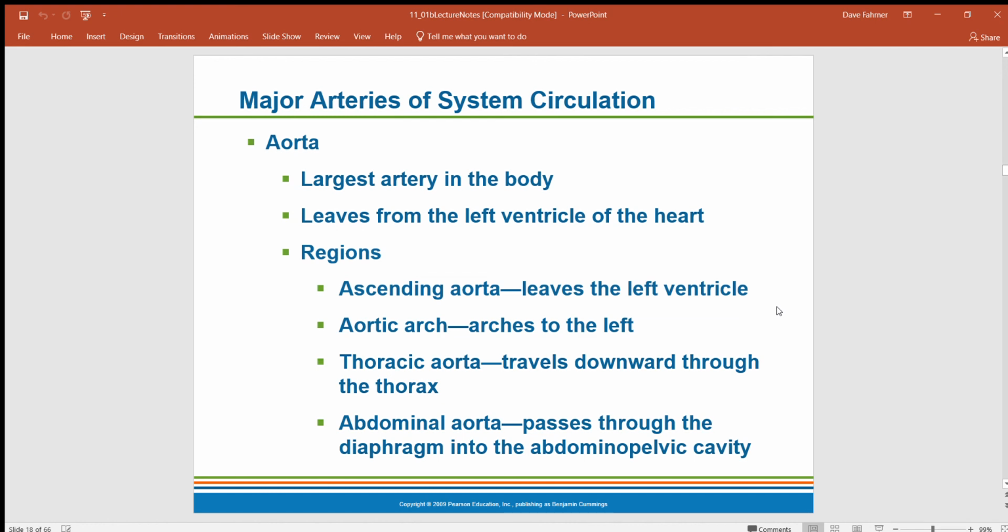We will go into a little bit of a discussion on what a portal system is, and then we're basically just going to move on to the end of the chapter where we'll be talking about some of the aspects of the physiology of the circulatory system, like pulse and blood pressure and some of the things that go along with that. So we have probably one more lecture to get us through to the end, and that will probably be a little bit longer than this one, but that'll finish up the chapter.